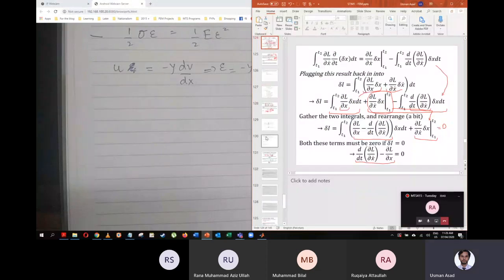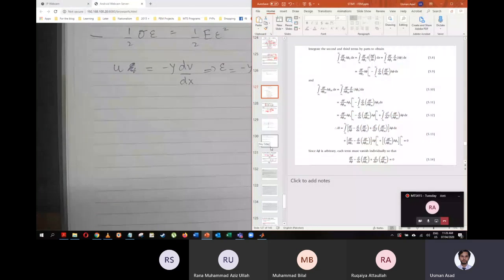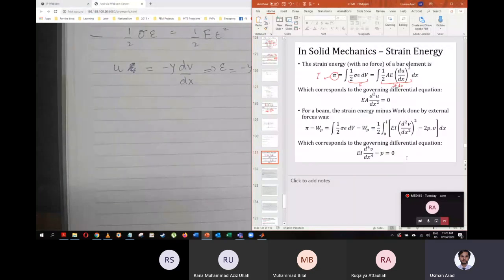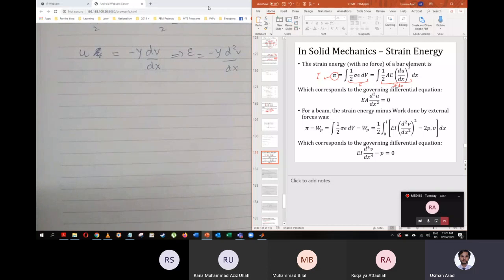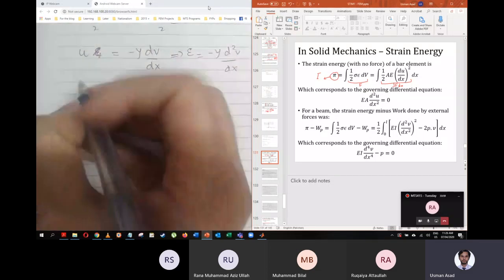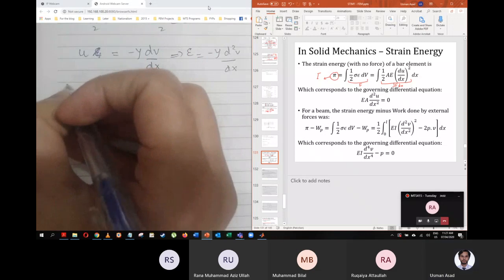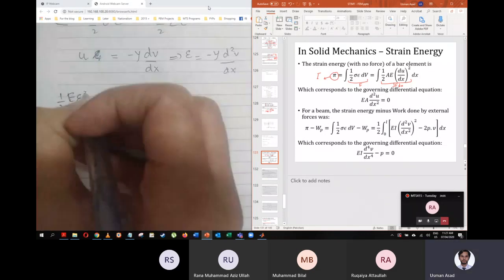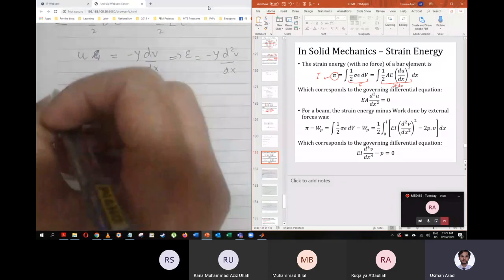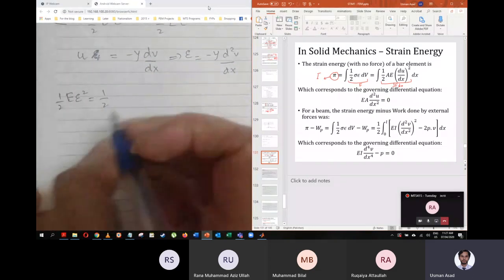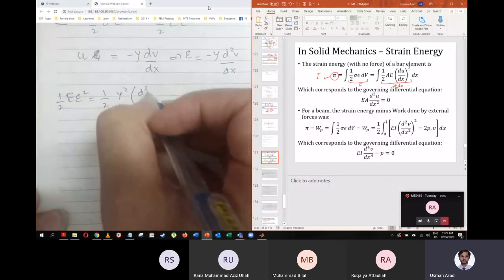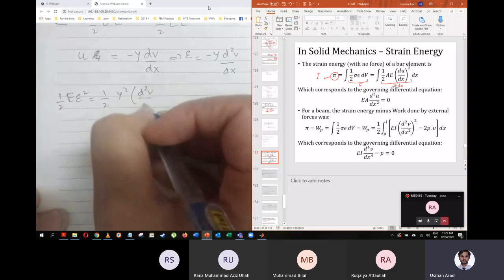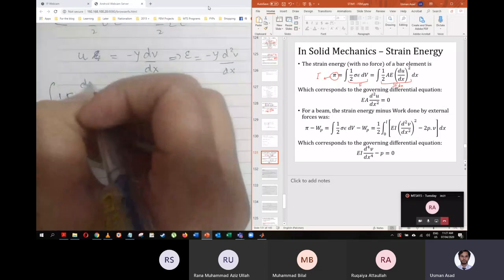एक सेकंड, लेट्स मूव बैक here. Okay, so that means के मेरा ये अभी भी सही तरह से नजर नहीं आ रहा। ओके, ठीक है। सो दैट मीन्स के ये half E into epsilon square becomes half, और इसको हम इंटेग्रेट करेंगे ना उसके बाद ओवर द वॉल्यूम, becomes half into y² (d²v/dx²)², and then we are integrating this over the volume.